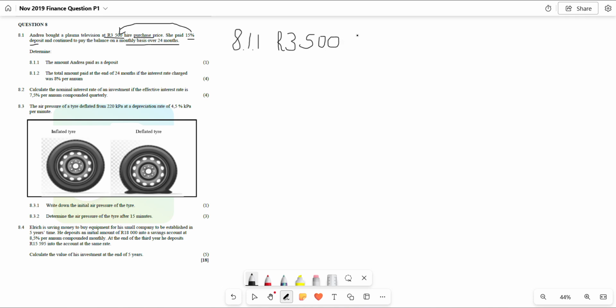Then you multiply this cost by the percentage she paid as a deposit, which is 15%, and you divide that by 100%. This gives us the amount that Andrea paid as a deposit in rands.